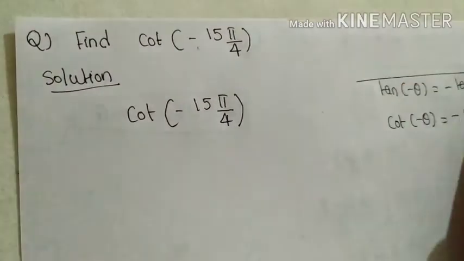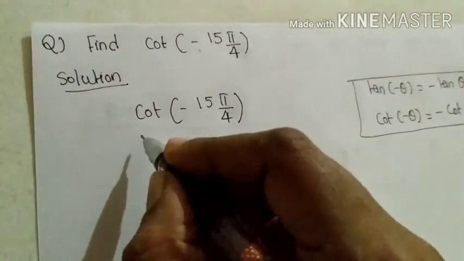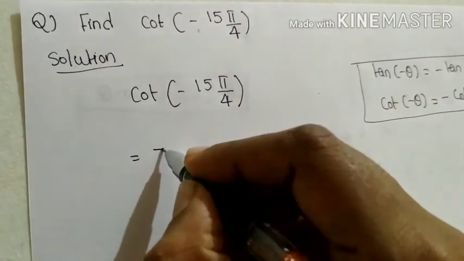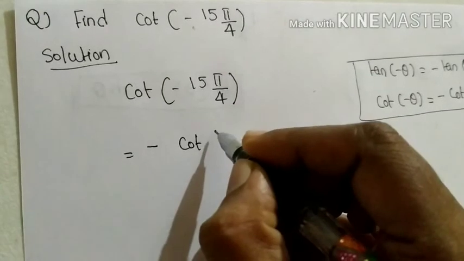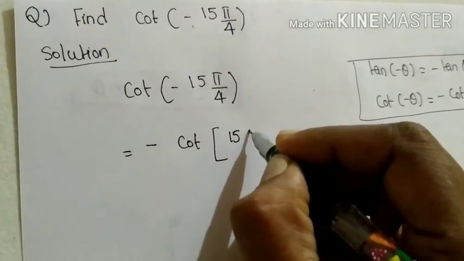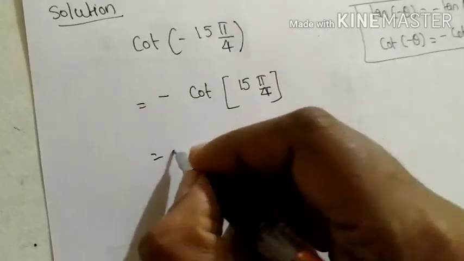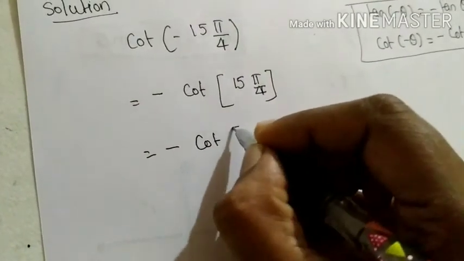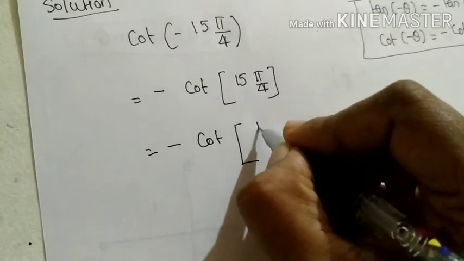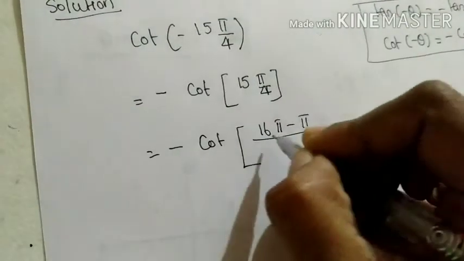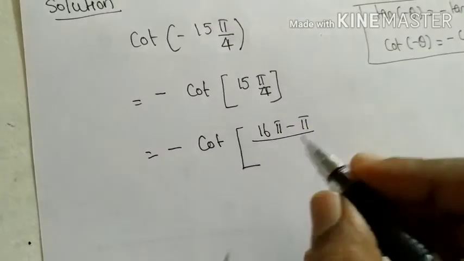So by using this result, this can be written as minus cot of 15 pi by 4. Okay, next I am going to convert this 15 pi into 16 pi minus pi. We know that 16 pi minus pi is equal to 15 pi, right?